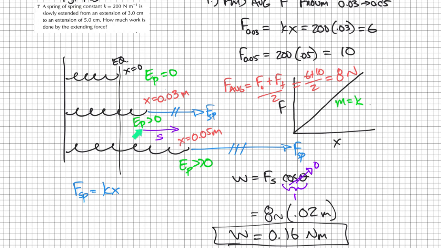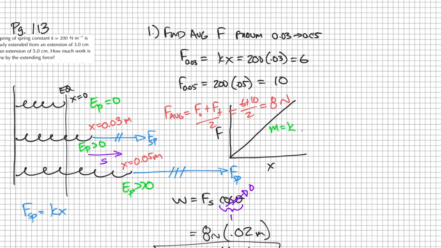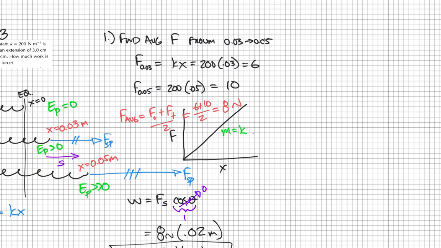So we can use the idea of work's ability to change energy. The other way we could do it is saying, okay, we know that work causes a change in energy, and this would be the energy final minus energy initial.